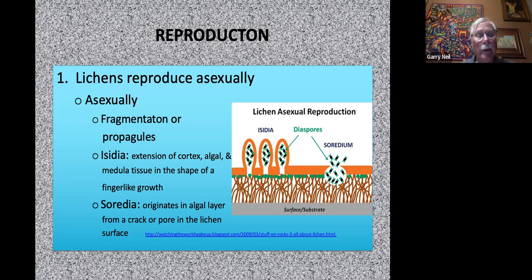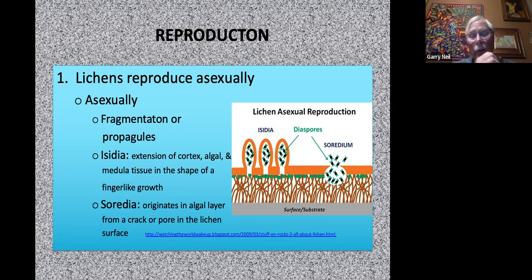Those are kinds of fragmentations, or propagules that break off that can actually cause the spread of a specific lichen. Now, there are two other structures that may be found or not found on lichens that are also asexual. One is called soredia, and soredia, as you see in the diagram, are like a little sac sticking up above the surface of the lichen usually, and inside of it, they have spores.